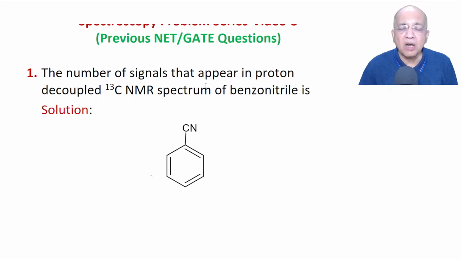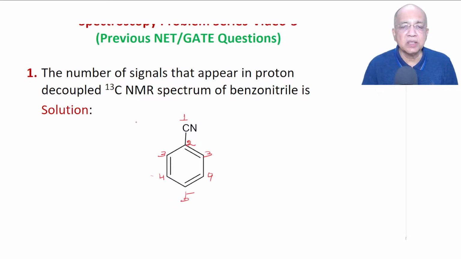So how many carbon signals, proton decoupled carbon signals, can benzonitrile have? Obviously, how many non-equivalent carbons are there? So the cyanide carbon is 1, this quaternary carbon is 2, the ortho carbons are equivalent, 3, the meta carbons are equivalent, 4, and the para carbon is another non-equivalent carbon.